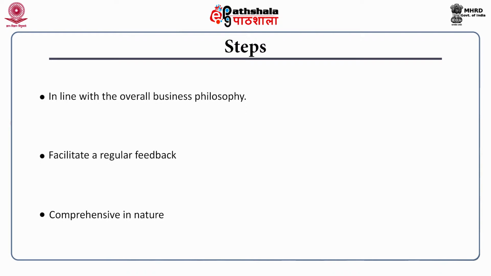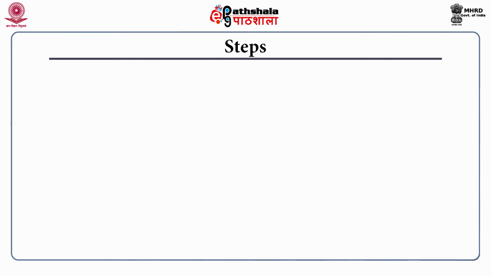It must be comprehensive in nature and must encompass all financial and non-financial indicators. It should also include all the critical factors responsible for the success of an organization. Another important point is that a high level of commitment at all levels of the organization is required to successfully implement the measurement system.